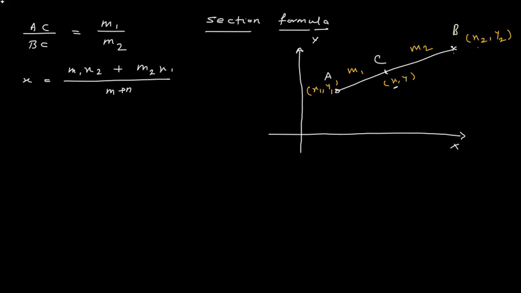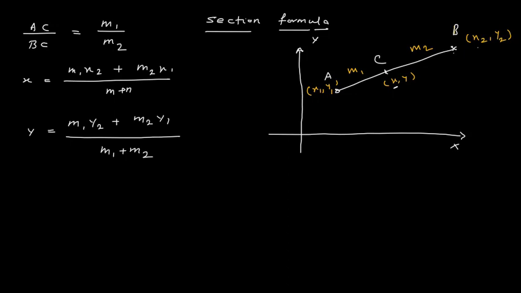This ratio is multiplied by this term and m2 is multiplied by this, and similarly we will get y is equal to m1 into y2 plus m2 into y1, and this whole divided by m1 plus m2. Okay, so here our requirement is to find the value of x and y.